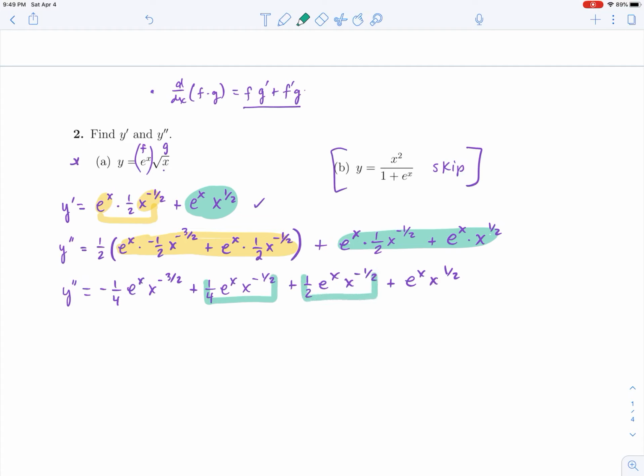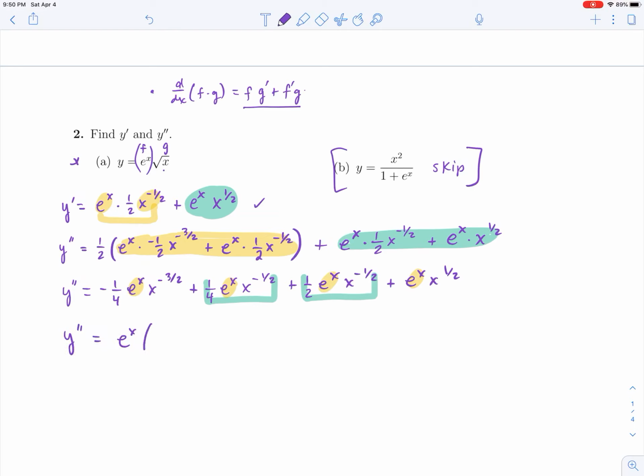Those are like terms. And we can definitely factor out an e to the x, and we'll do that. It's in every term, so we can go ahead and just factor out one of them. We could probably do more, but we don't necessarily have to.